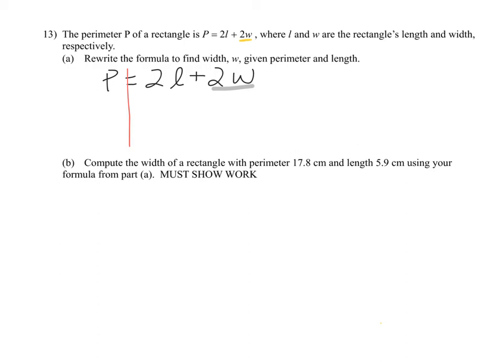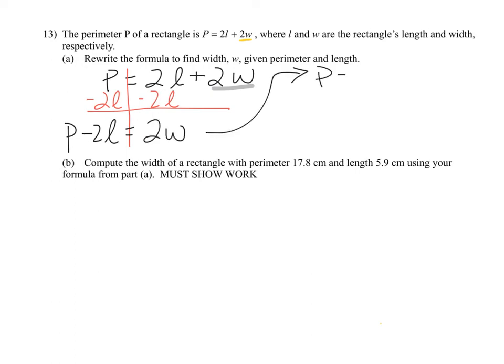So what's being added to the 2W, the whole term, is the 2L. So the first thing I'm going to do is subtract the 2L. I'm going to get P minus 2L equals 2W.